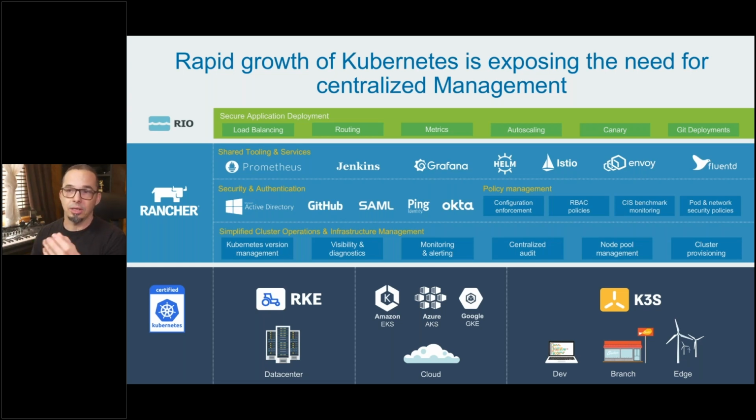We are building an application deployment engine for Kubernetes called Rio. It's still super alpha. I keep saying I'll take it off this slide, but whatever. And you don't even have to use our stuff to get here. As long as you have a certified Kubernetes distribution and a management layer, you are free to explore and run around and play and reduce the cognitive load associated with learning all of this stuff.